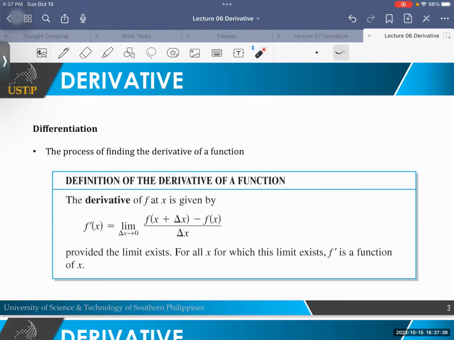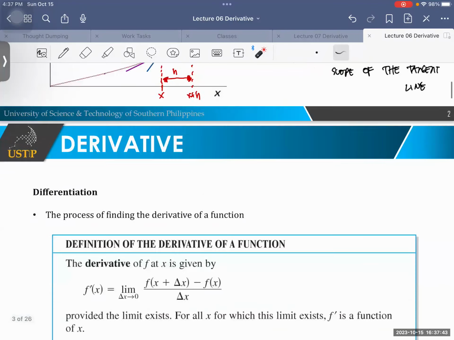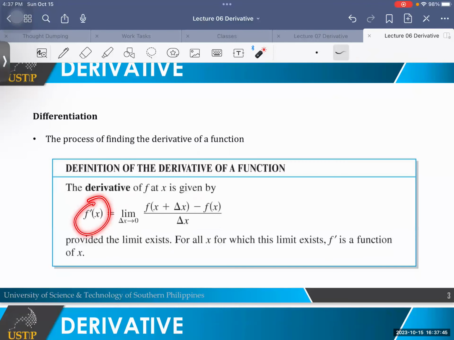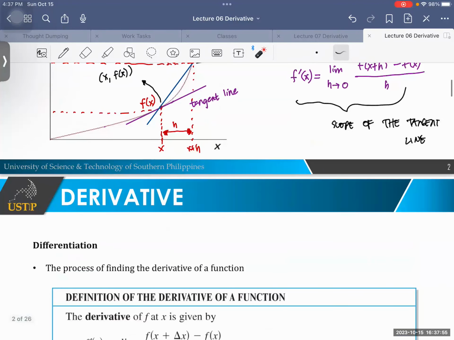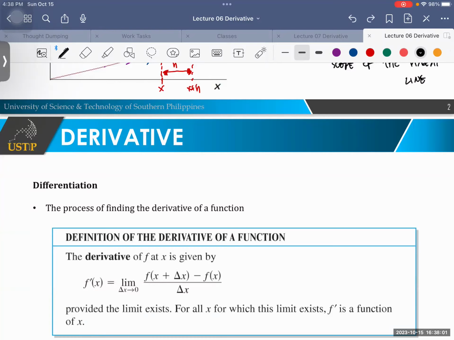Again, what we proved earlier is that the derivative of a function, f prime of x, is equal to the limit of the change of x. Now, personally I don't like saying change of x because it's confusing, but basically it's your h. Some people write it as delta x, so that is one letter.